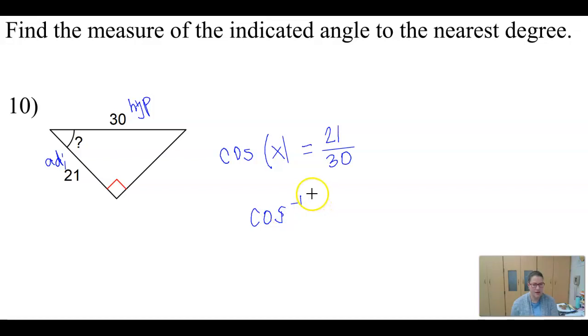So in your calculator, you're putting cos inverse of 21 over 30. Let me put that in my calculator quickly. So 21 over 30 is equal to 45.57. So we're going to round this off to 46 degrees.